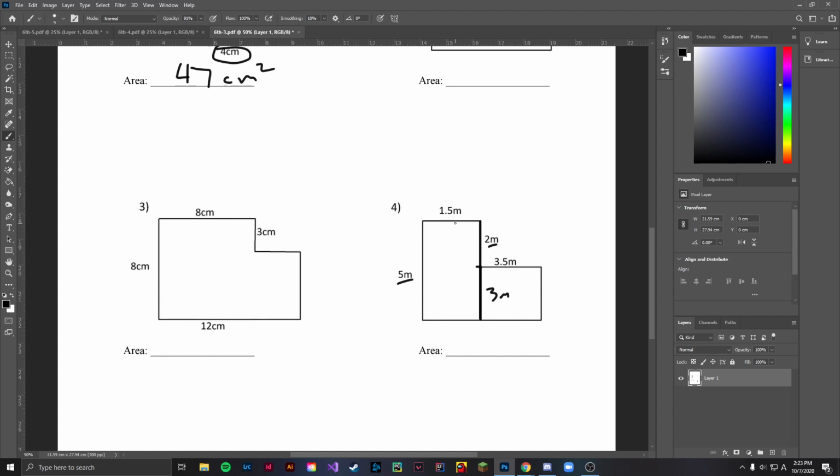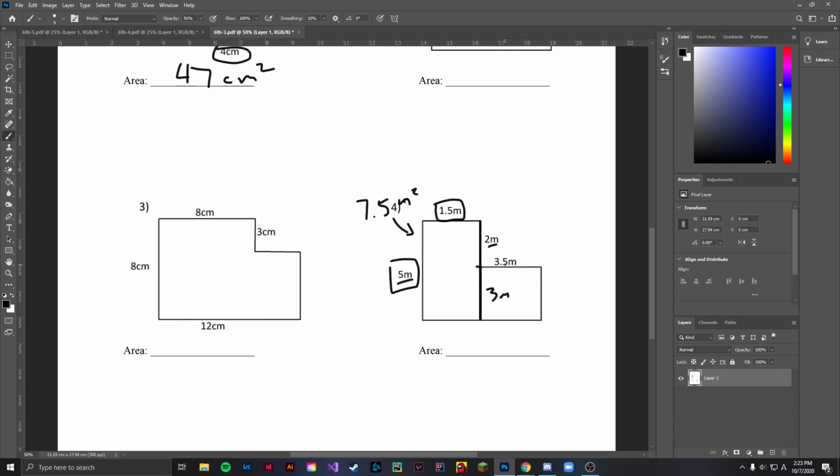So let's find the area of this thing first. It's going to be length times width. It's going to be 5 times 1.5. That's going to be 7.5 meters squared.